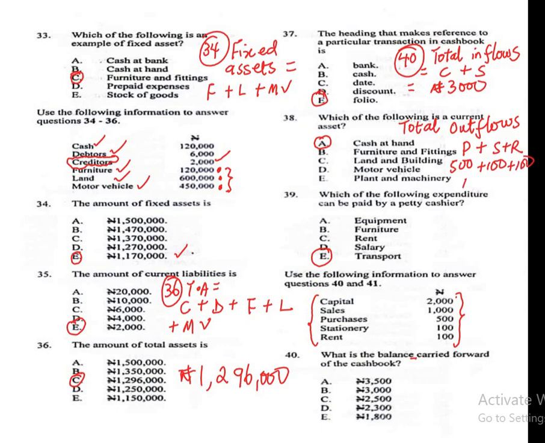In total, outflow is 700 naira. Now the balance carried forward, BF, is equal to the total inflow, which is 3,000, that's the total amount that came in, minus the total amount that went out, 700. The balance carried forward will be 2,300. Take note of this calculation I've done. The correct option is D.